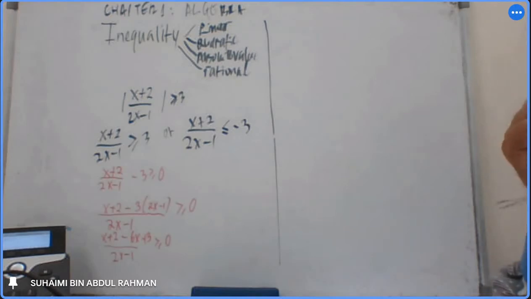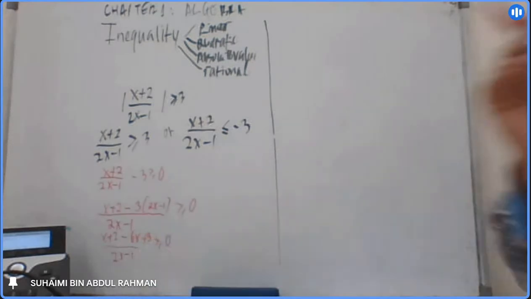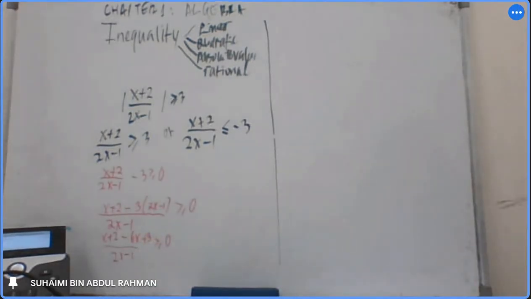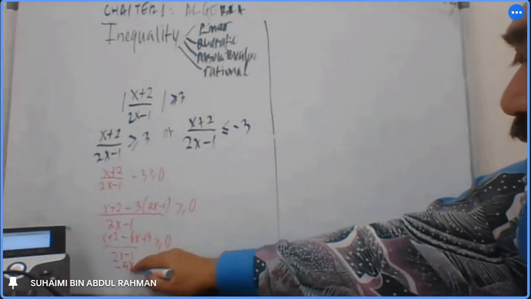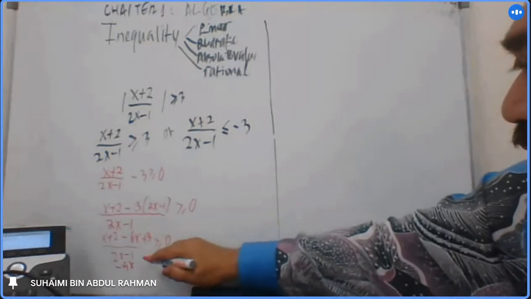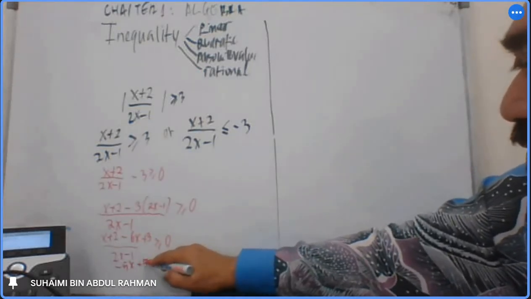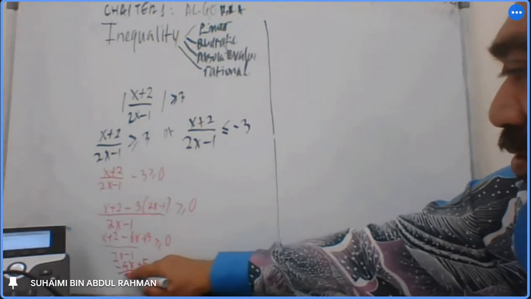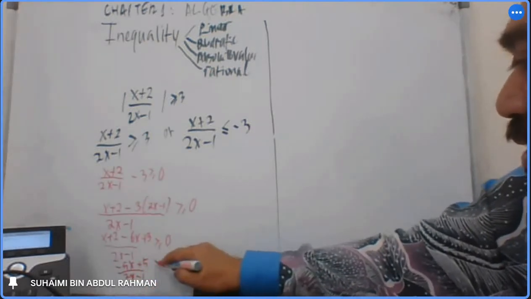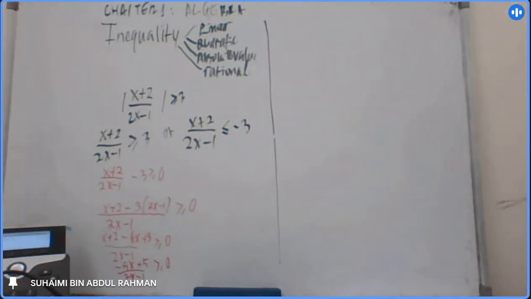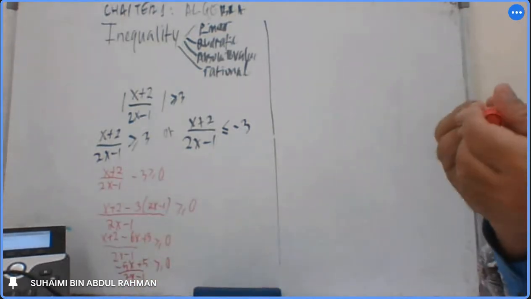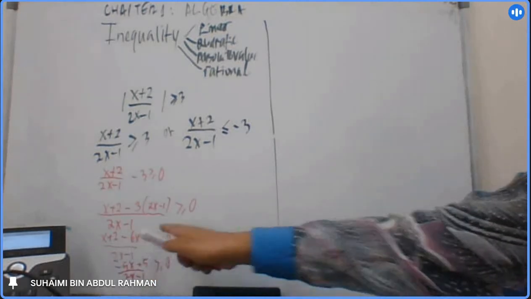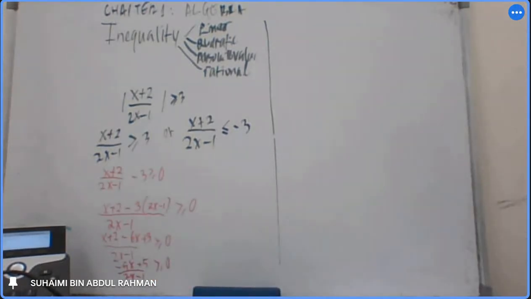X minus 6x is minus 5x, 2 plus 3 is 5, so minus 5x plus 5 over 2x minus 1 greater than or equal to 0.